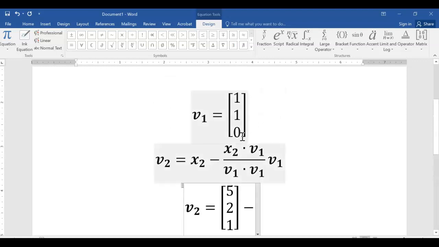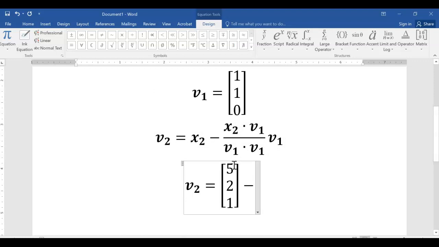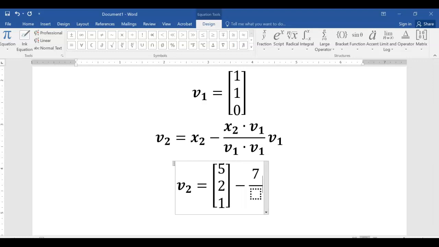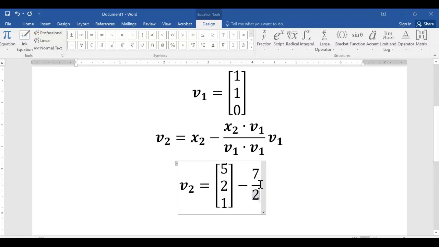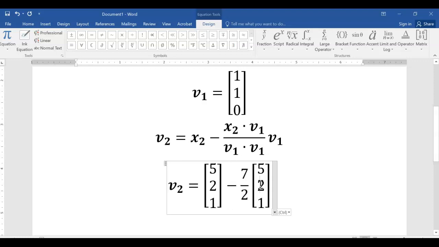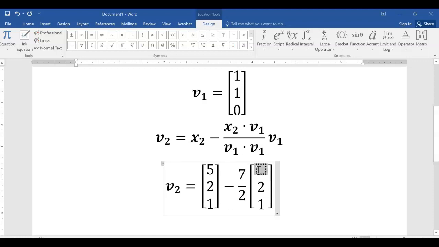Now the inner product of x2 with v1, 5, 2, 1, inner product with 1, 1, 0: I get a 5, I get a 2, and I get a 0. So I get 7 over the inner product of v1 with itself, which is 2, times v1. V1 is 1, 1, 0.